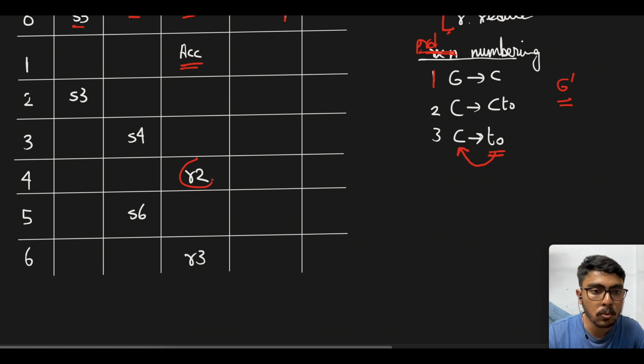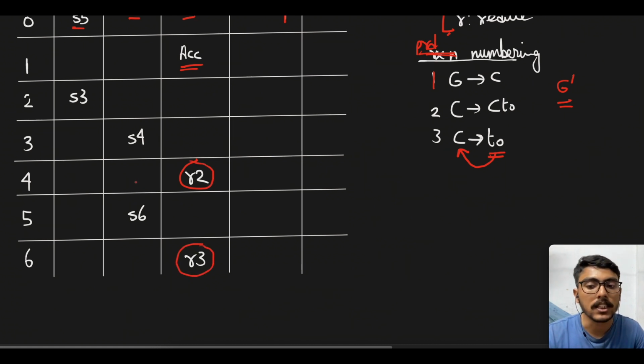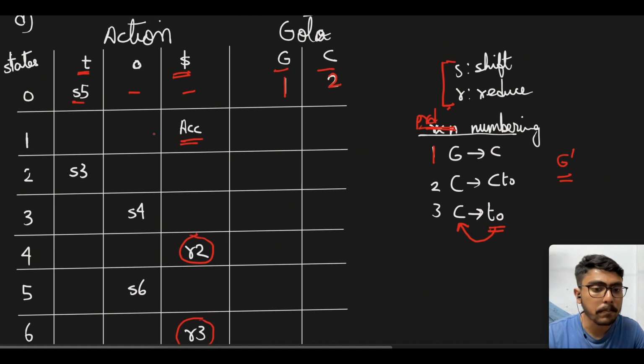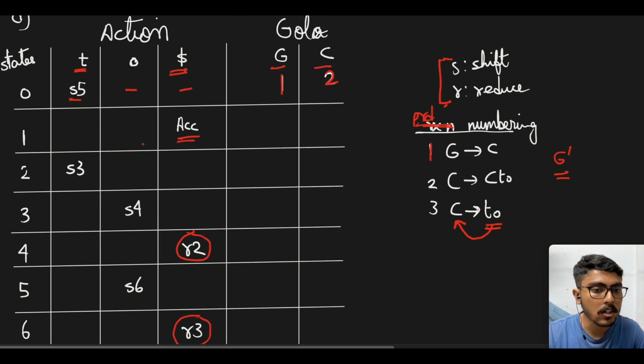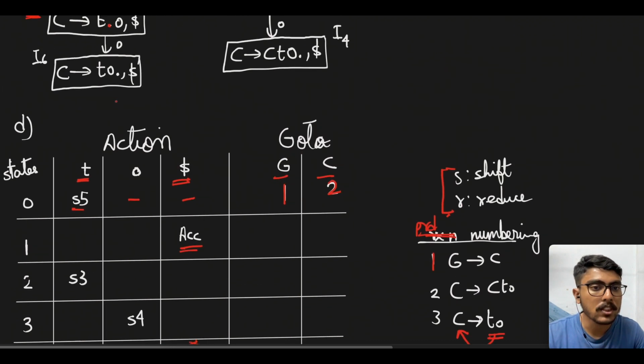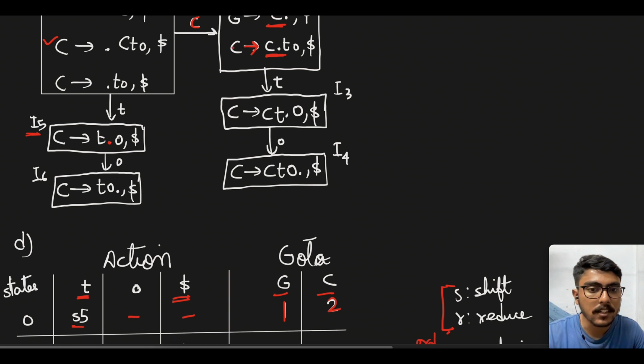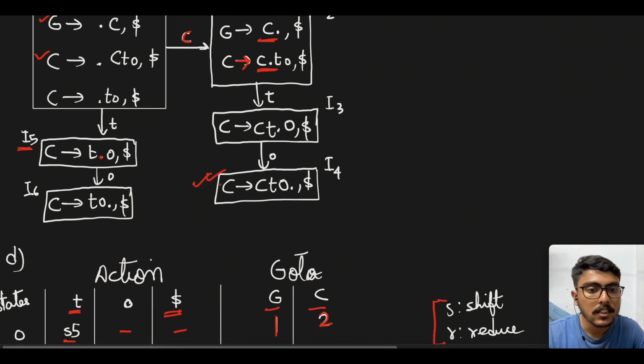Now two of the cells remain, which I have marked. So let me explain. If we look into state 4, we see that it is a final state. Suppose we see a dollar symbol at the end, which will obviously be there. So what will it do then?